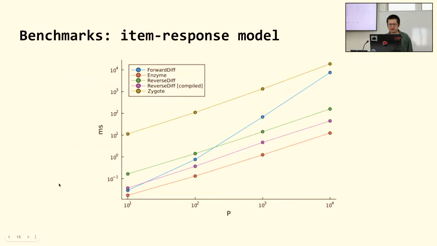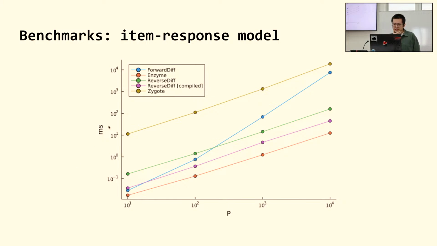This is a benchmark where we vary the number of dimensions, which is how many items there are, effectively the dimensionality of the latent space we're sampling. That's the x-axis, and the y-axis is the actual time for a particular sampling run in milliseconds.